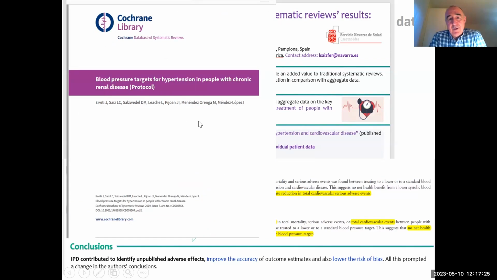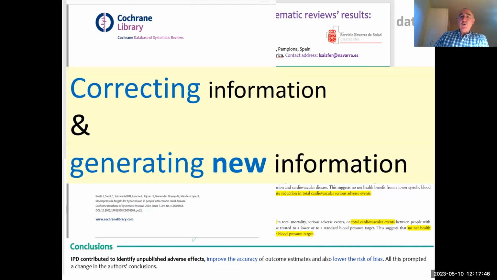Since we had access to individual patient data, we could retrieve renal patients and then see about the results of lowering blood pressure to a greater extent in this kind of population. So we can use individual patient data for correcting information or generate new information, which is very important too.